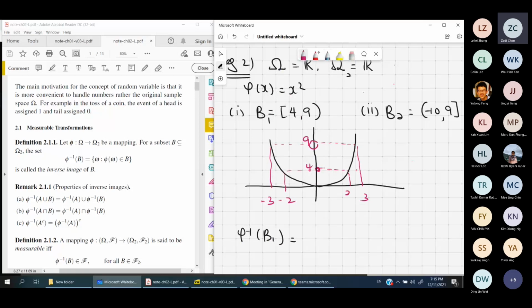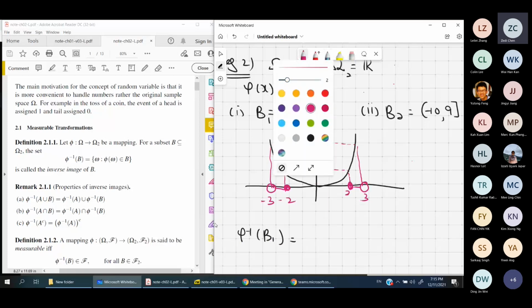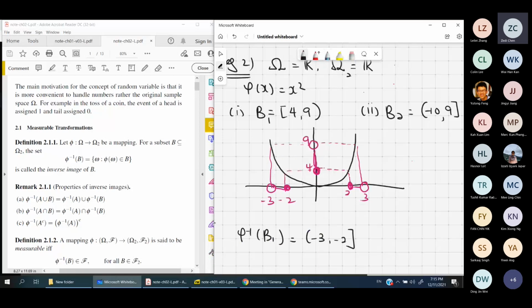So excluding 9, including 4. So when we pull back, that means 2 is included, excluding 3. So the answer for this case will be -3, excluding -3, -2, including, so 2 to 3. Okay, so this is the answer for the first one.